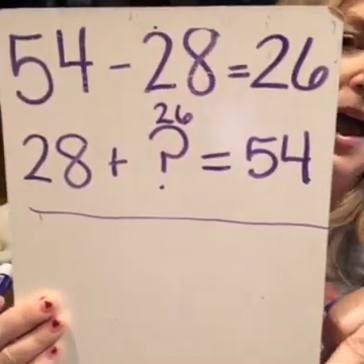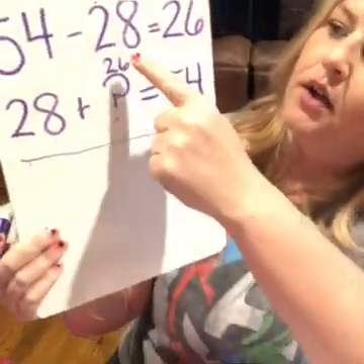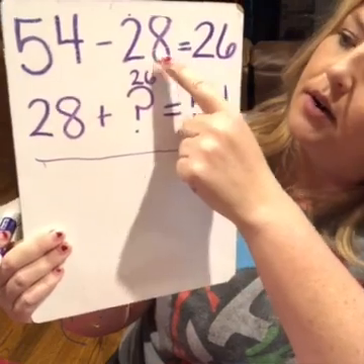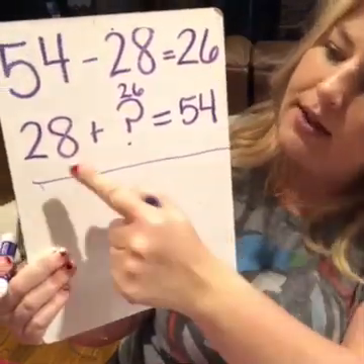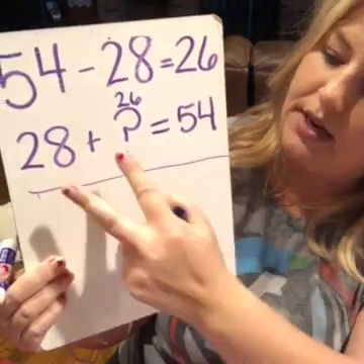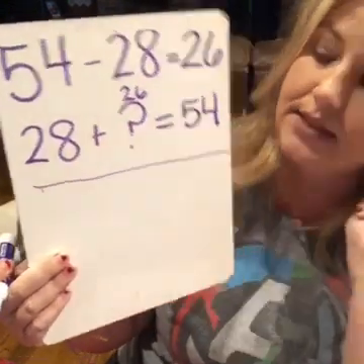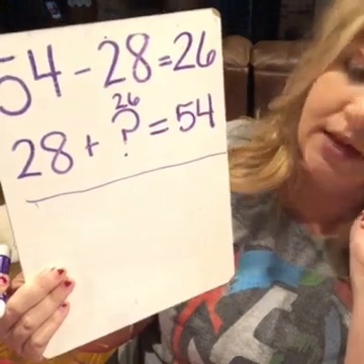And if I want to, I can check that by adding together either this number and my answer, that should give me the whole, or I can go ahead and use this equation and just fill in what I have here. It's going to be the same thing, 28 plus 26.